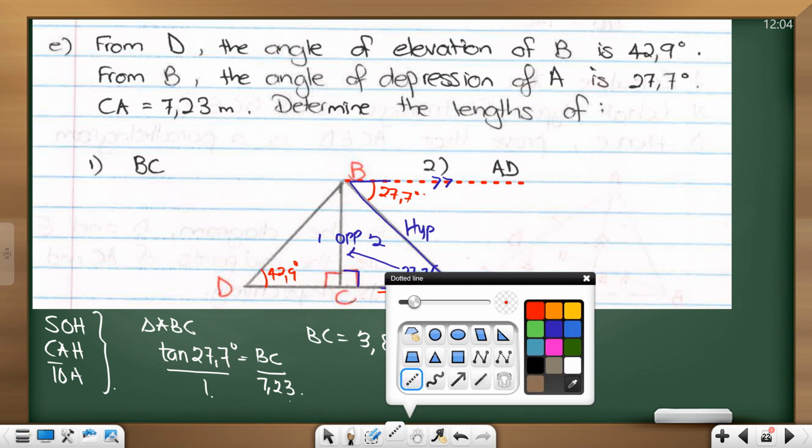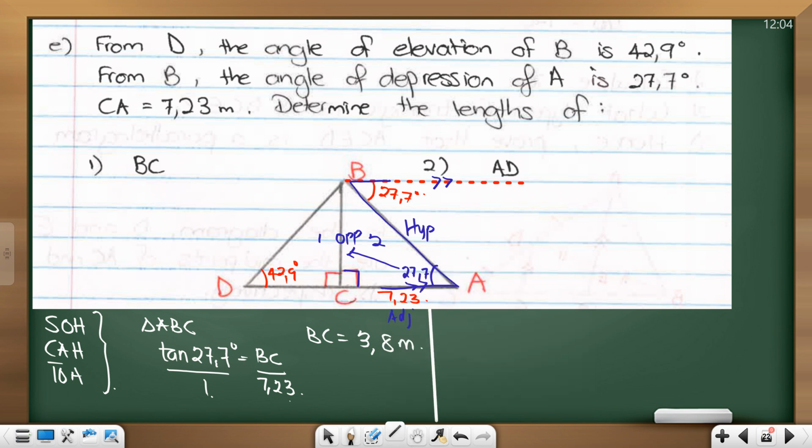Right. Okay. And the next one, what are we looking for? The length of AD. We actually need to get the length of DC first. It cannot be the same because these angles are not the same.